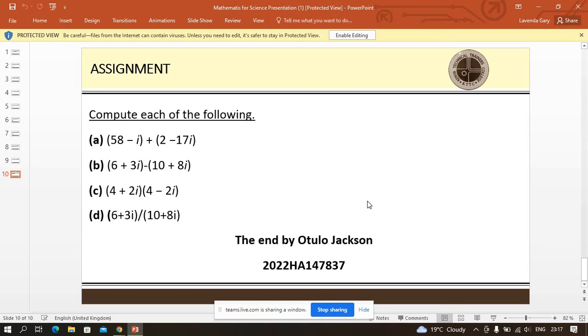So which operation is that? Subtraction. The next one, 4 plus 2i in bracket 4 minus 2i. Which operation is that? Multiplication, which is also the same as the product of the complex numbers, isn't it? Then the last one, we have a complex number in bracket divided by another. So that is which operation?